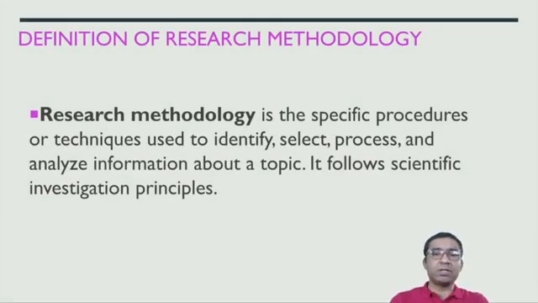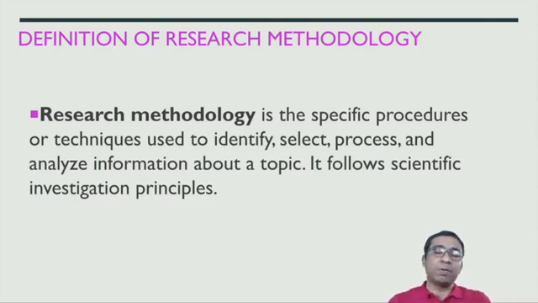So research methodology is basically specific procedure or techniques we usually use to identify, select and process and also analyze information about any particular issue or topic. Okay, but the most important part, research methodology follows a scientific investigation principle. What are these investigation principles? I will explain it in the further lecture.